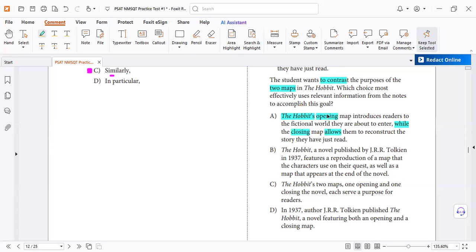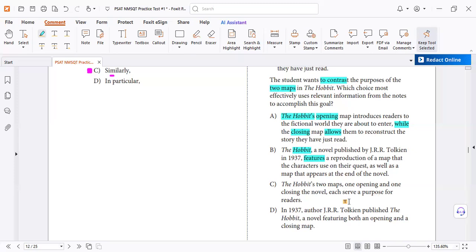So contrast, and we show the purpose of the two maps. And letter B, we don't have any language of contrast, just like the novel features, as well as we explain what the novel includes.